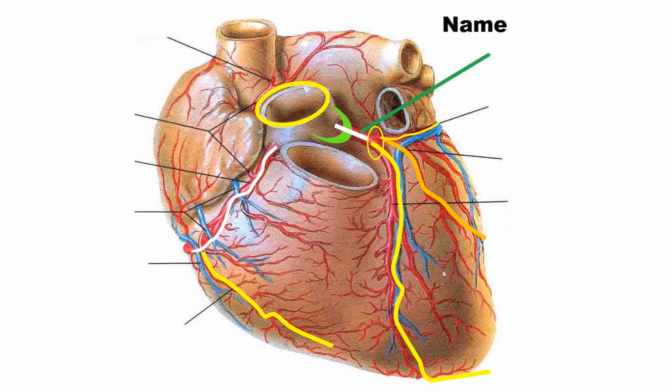As it reaches the lateral margin of the heart, it gives a branch running along the inferior border of the heart, and this is called the marginal artery, a branch of the right coronary artery. And as you can see, the right coronary artery is much longer than the left. The left is only 1 centimeter long, while the right coronary artery runs a long distance along the coronary sulcus.